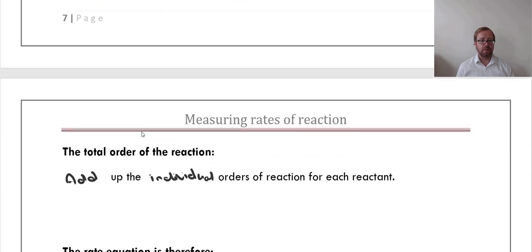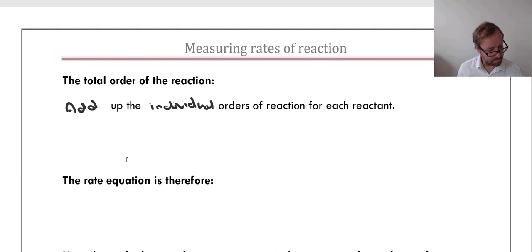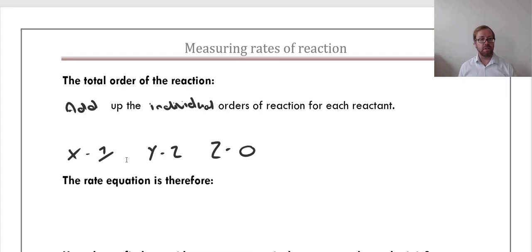However, you may have an example or a question where you have more than one reactant. For example, if I have X, Y, and Z, X might have an order of 1, Y might have an order of 2, and Z might have an order of 0.